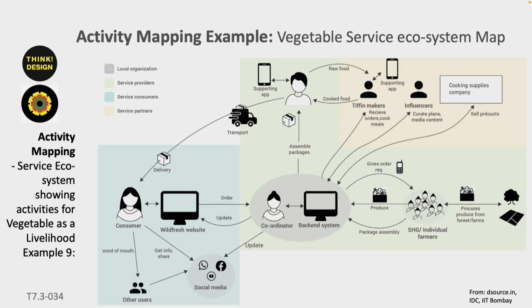Okay, so the ecosystem, if you look at it, parts of it are shown here, and the interconnectedness is very clearly shown. Yeah, so how you can actually digitize this aspect of getting vegetables right from the place where it is grown to the place where it is consumed. Okay, so as a livelihood, this becomes a very nice example of an activity.